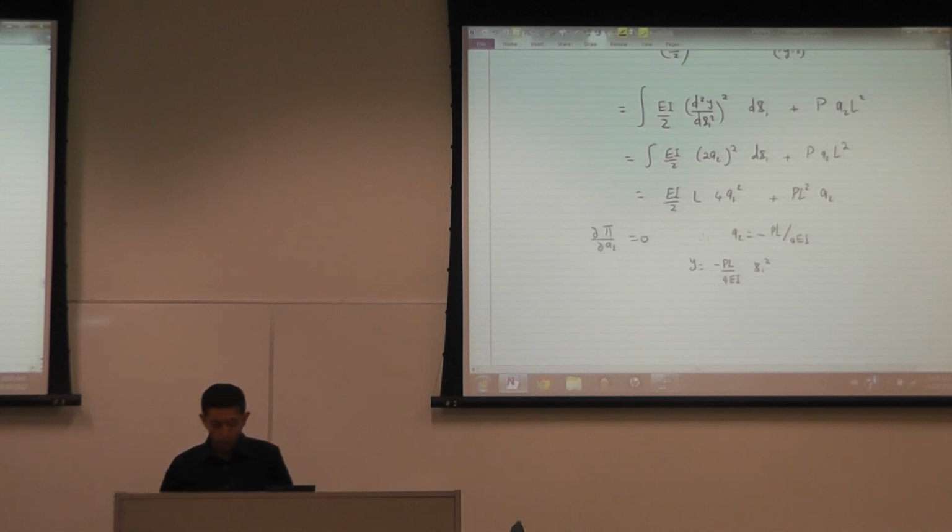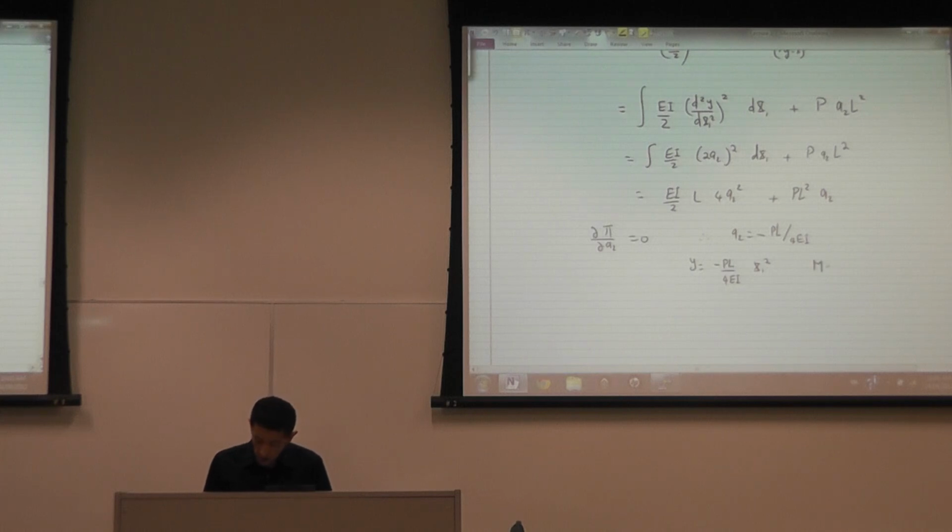So this is the displacement, and from here you get that the moment is equal to a constant, which is equal to EI times the second derivative of y with respect to x1. This will be equal to negative PL over 2, and the shear, which is dM by dx, is equal to 0.